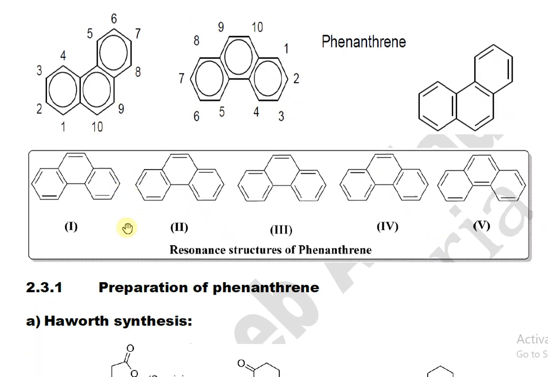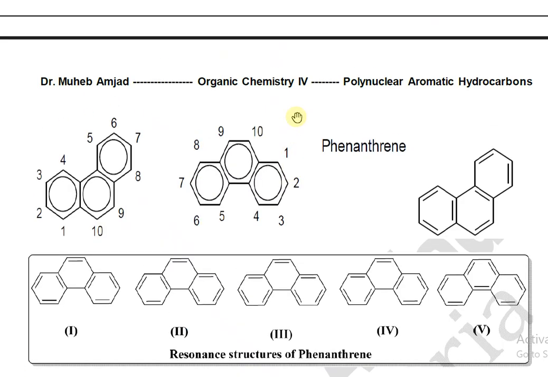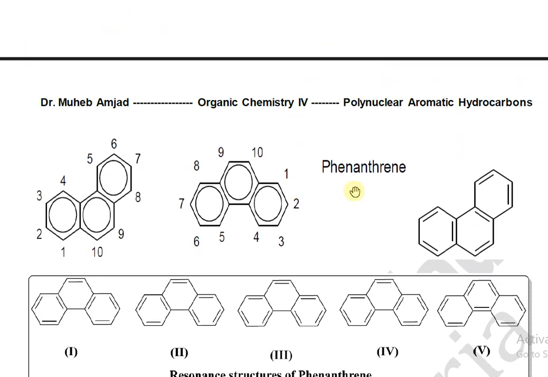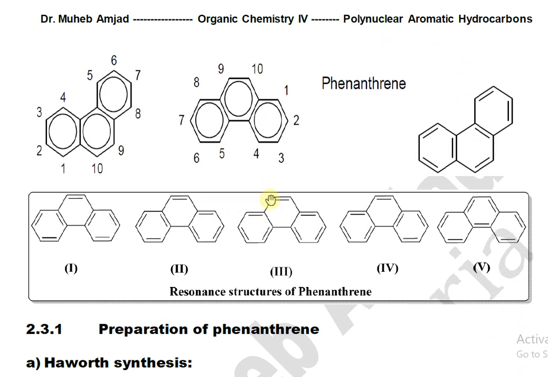So for the resonance structures, we have 5 resonance structures here. All of them are phenanthrene.